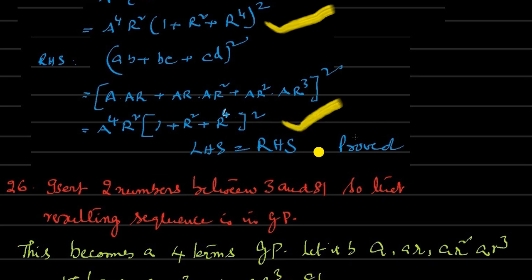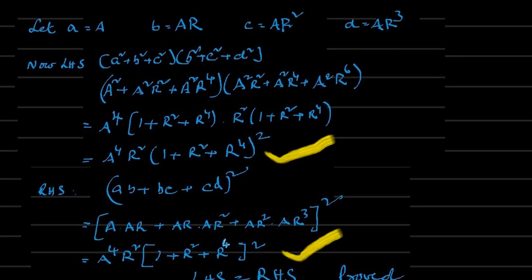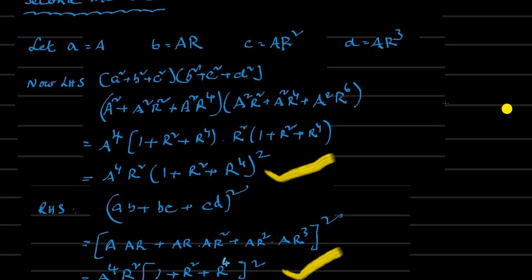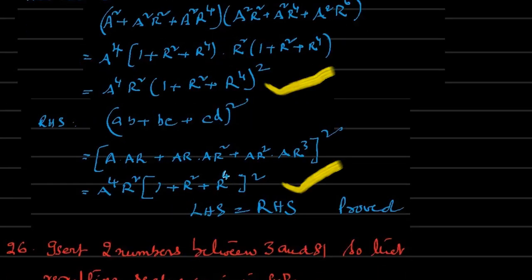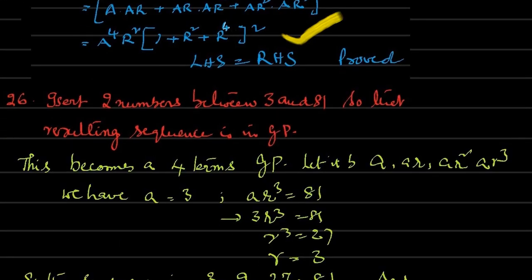So LHS equals RHS, simple, proved. Do you understand? I have taken A, AR, AR square, AR cube as my 4 GP terms, and I plugged them into the LHS and RHS, and I got the same answer.